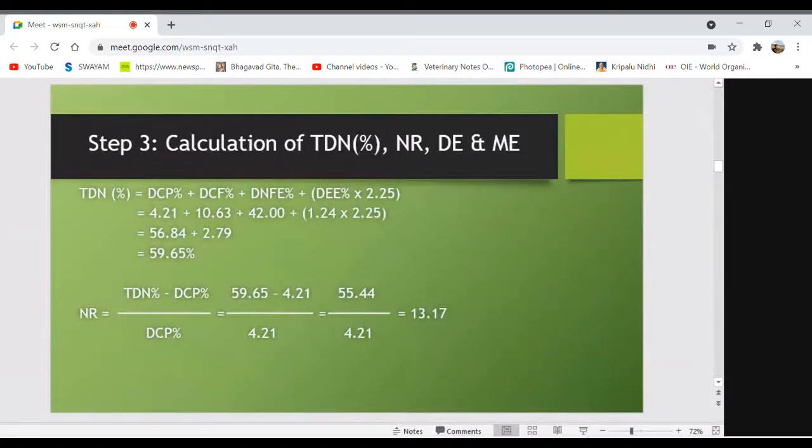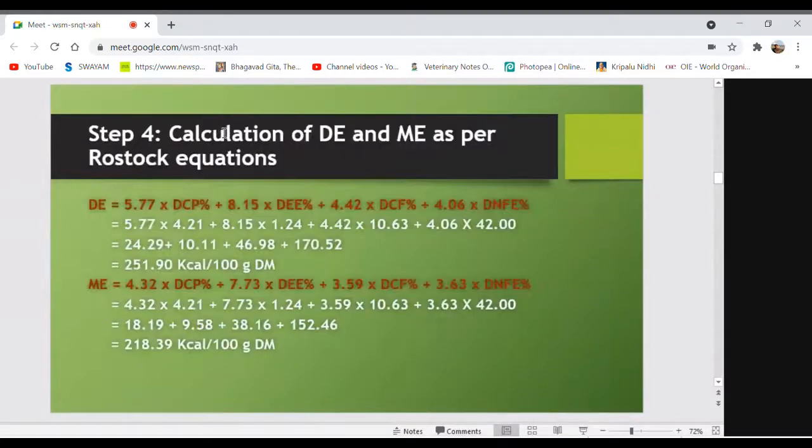So it is done. Then ME: these are the equations, the Rostock equations, and of course you have to remember these. These are the factors, and they were calculated after conducting several digestion trials.